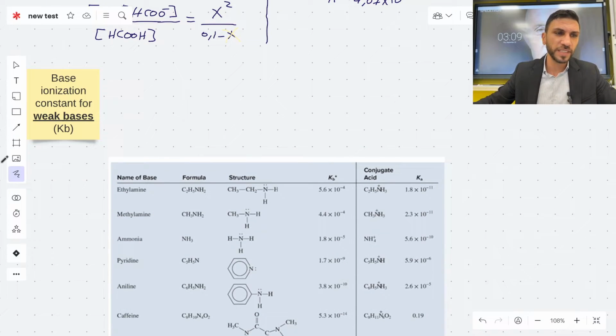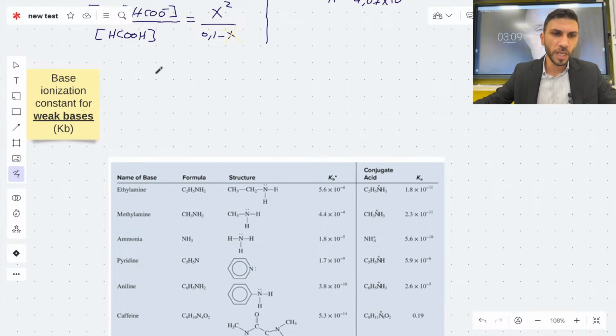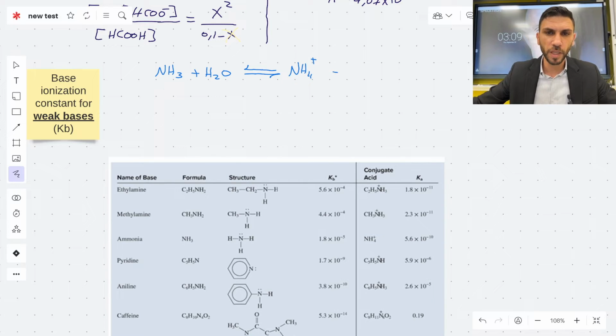And if we have this example problem, for example, about the weak base, let's say the ammonia NH3, when it reacts with water, also it's a reversible reaction, and it will give you NH4 positive plus OH negative.